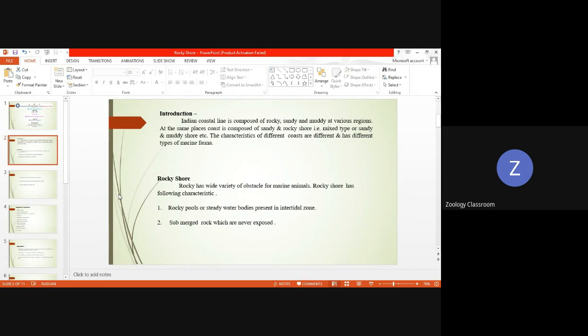In the small shallow pools, major salinity changes occur during low tide, while in deep rocky pools the salinity changes are negligible, because in the large pool the water remains for a long time, so the change in salinity is totally negligible.